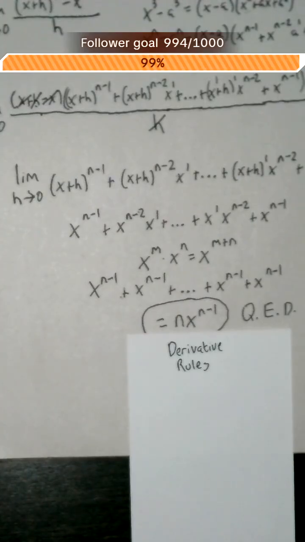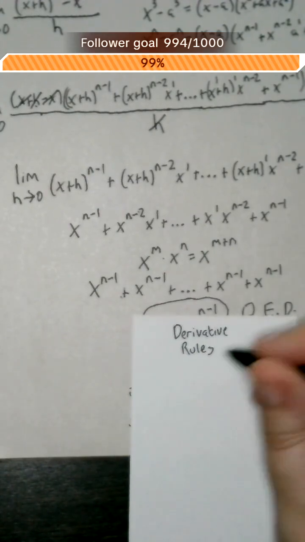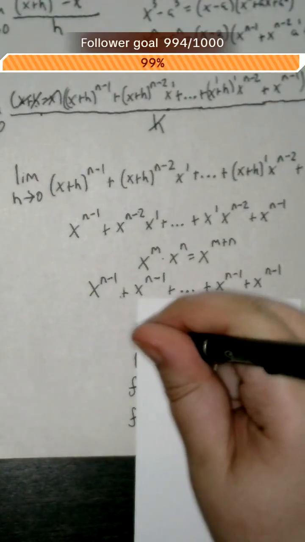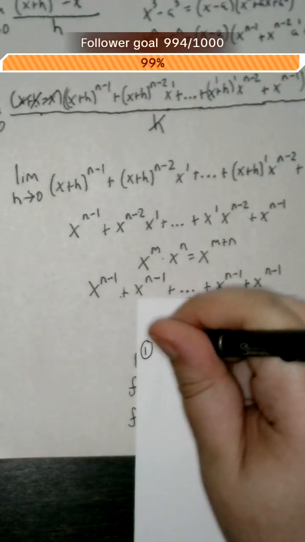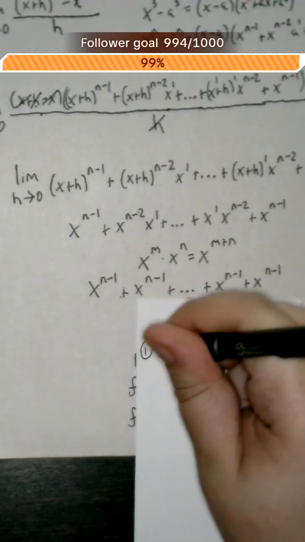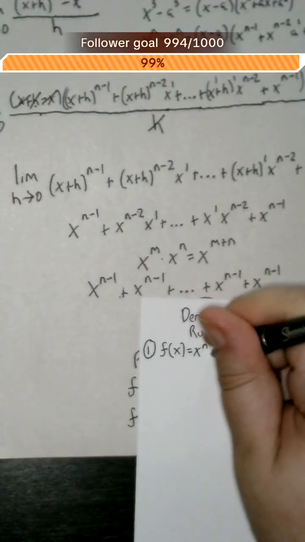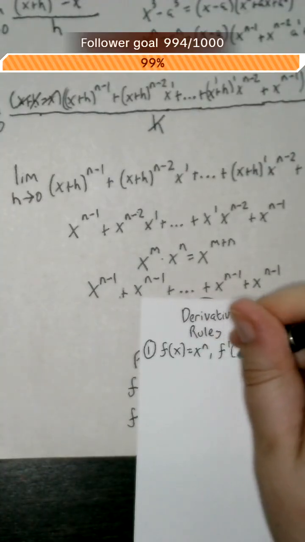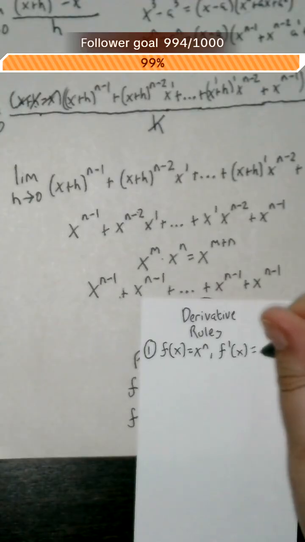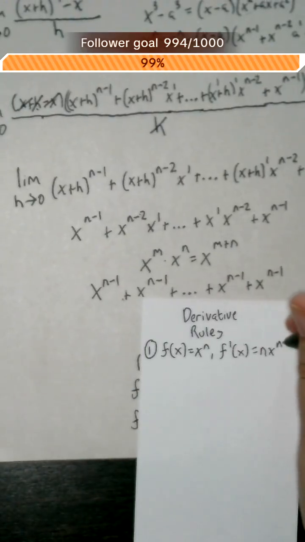It shows how the derivative of x to the n comes out to nx to the n minus 1. Right, Grant, that is exactly right. So rule 1: if f of x equals x to the n, then f prime of x is equal to n times x to the n minus 1.